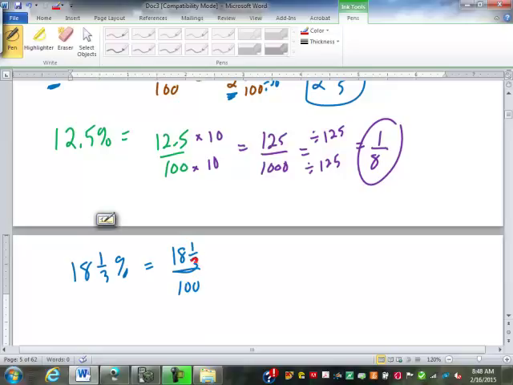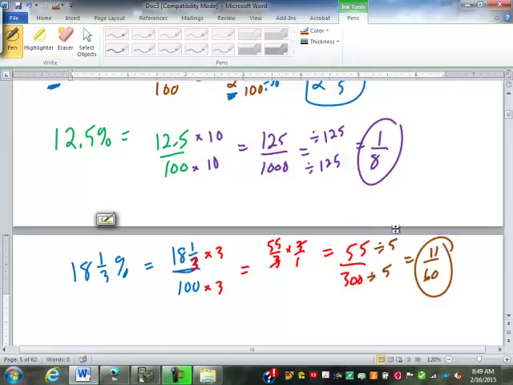Or, since our common denominator seems to be a 3, we can just multiply both the top and bottom of this fraction by 3. 18 times 3 is 54, plus 1 is 55/3. Times 3 over 1, the 3's cancel out, that's 55. 100 times 3 is 300, and both of those can be divided by 5. That gives me 11/60ths. Make sense so far?